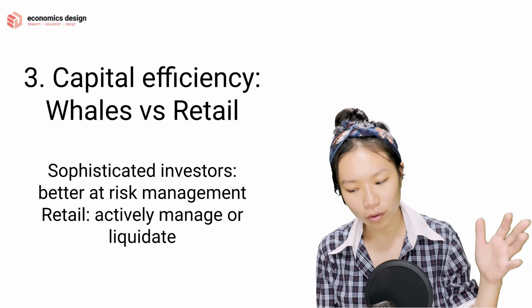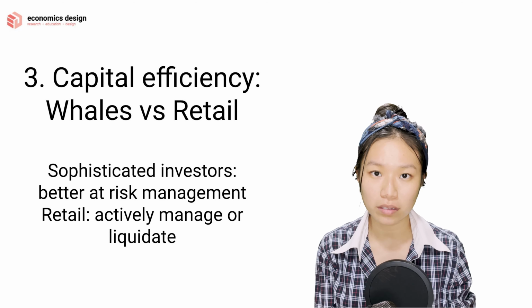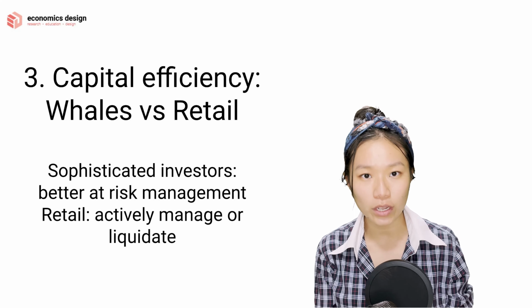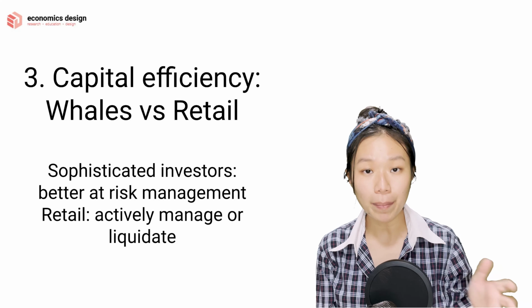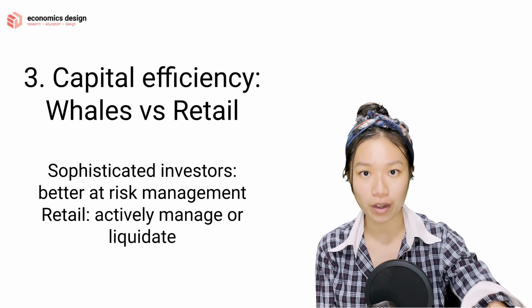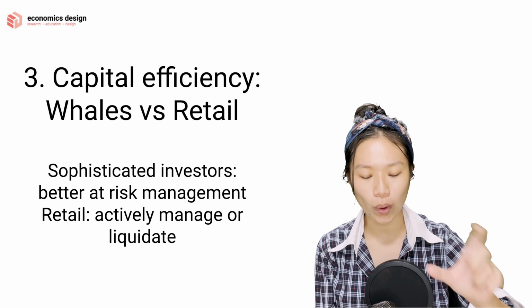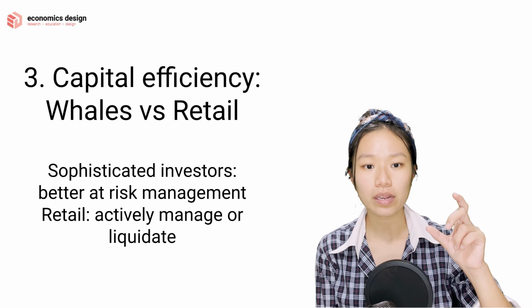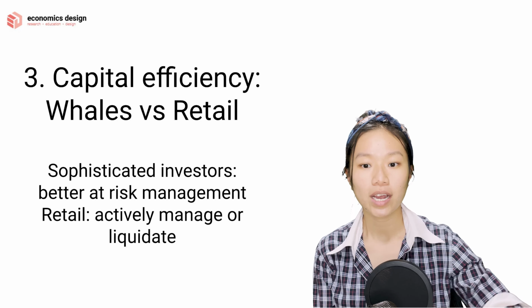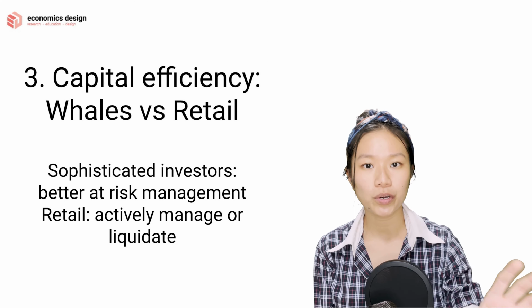Second, on the retail side, I think it might be a bit challenging because you have to actively manage your position or you get liquidated, and it might be capital efficient from the perspective of providing liquidity for that range. I think it will still be quite limited, in the sense that if it's for stablecoins, you can just put your money there and define your range, and unless something really bad happens, it's pretty safe.